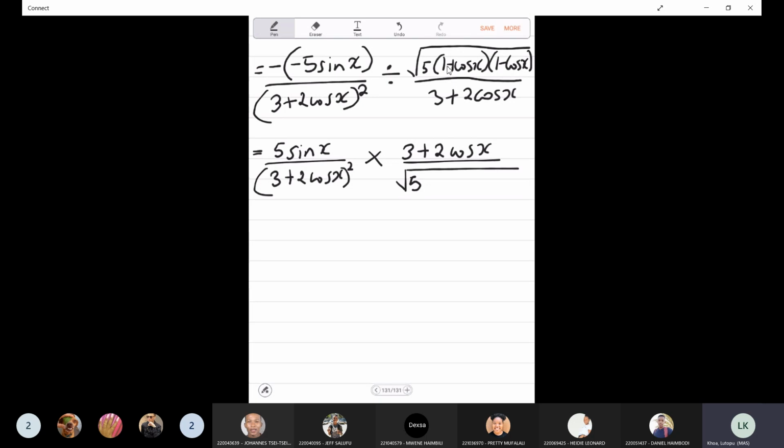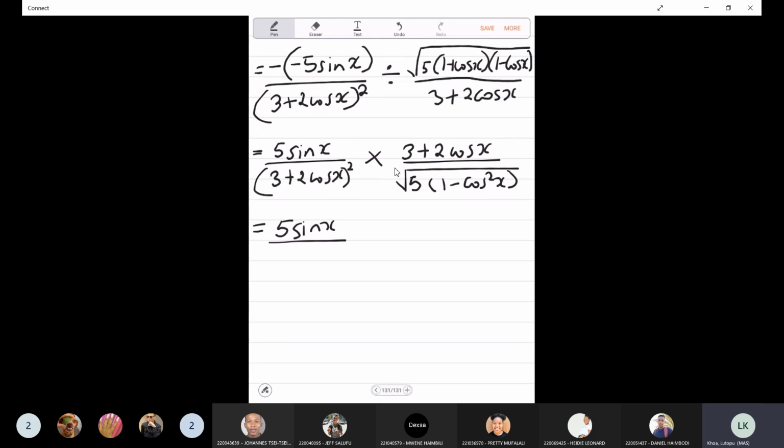And here, 1 plus cos x multiplied by 1 minus cos x. This is 1 minus cos squared of x. And we know that 1 minus cos squared of x is sine squared of x. So this is 5 sine x over, you can see here, these two are the same, except this one is a square.